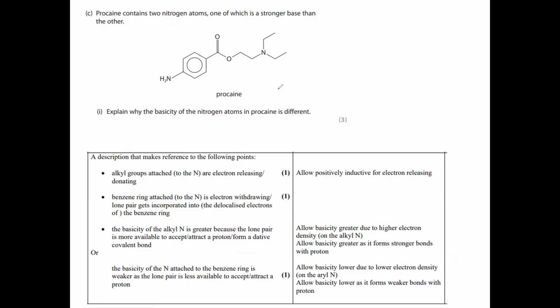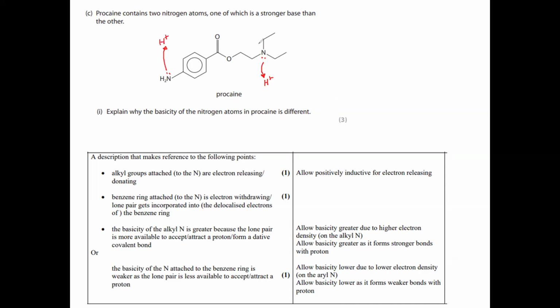Remember, a nitrogen atom becomes basic because of its lone pair of electrons. It should be able to donate this lone pair when the H plus comes. Whichever can donate this electron pair more effectively towards the H plus ion is the most basic one.